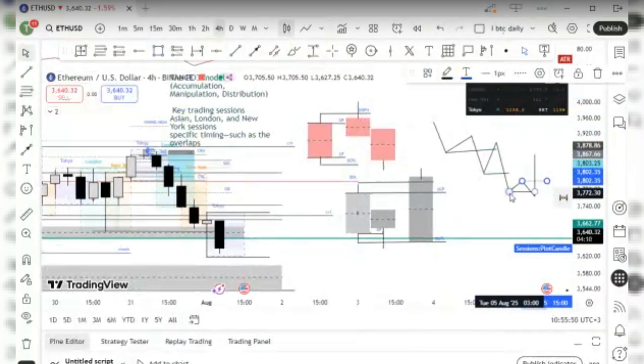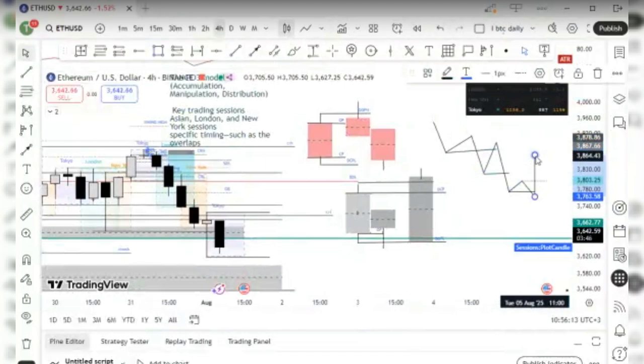We have this low here, 37.72. Now we have this high, 38.02, and then we break a little bit. We take liquidity, but we came and broke this 38.02, a new level.